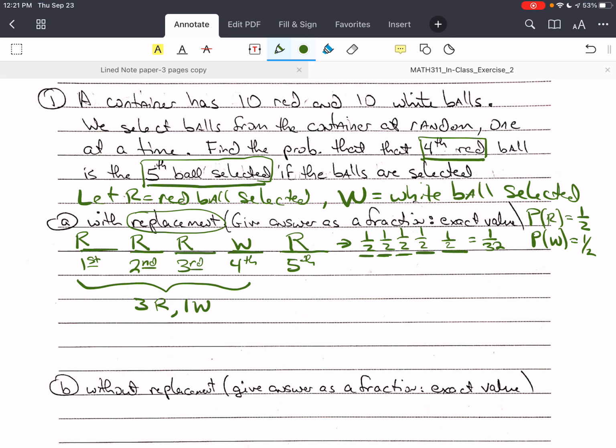But the ways that we can have 3 red and 1 white in the first 4, we don't care about the order, we just care about unique. We don't care about which red ball is first, we don't care about the individual balls. We just care about a distinguishable permutation.